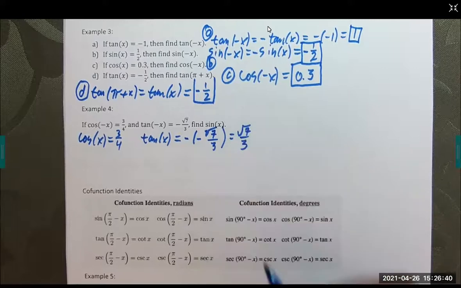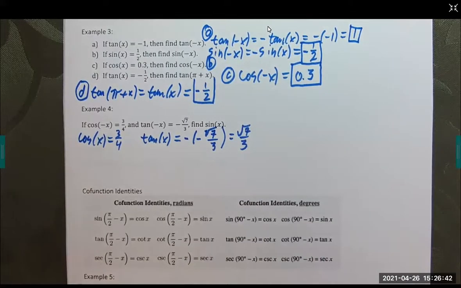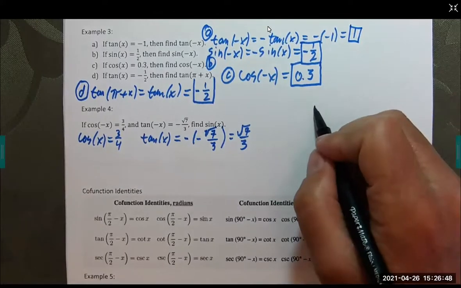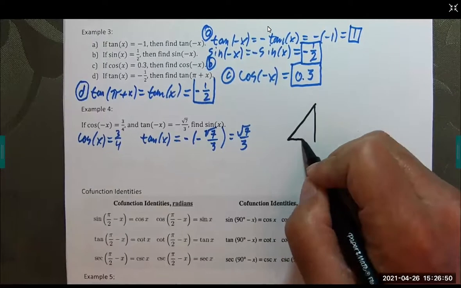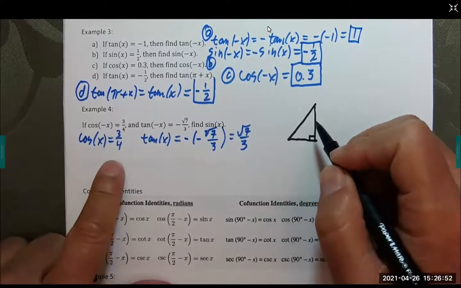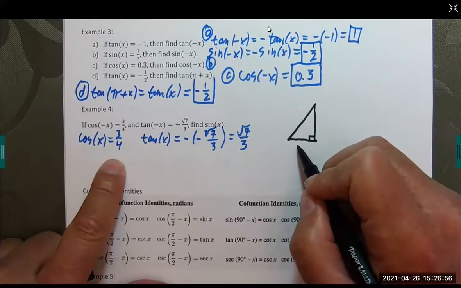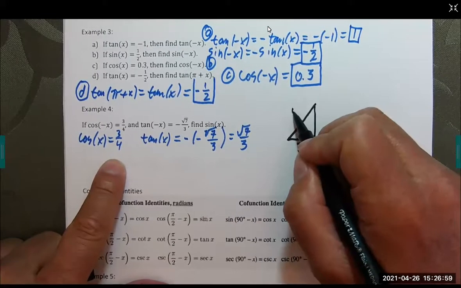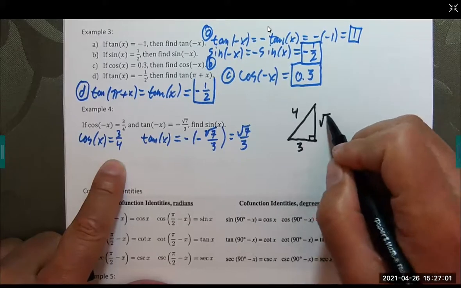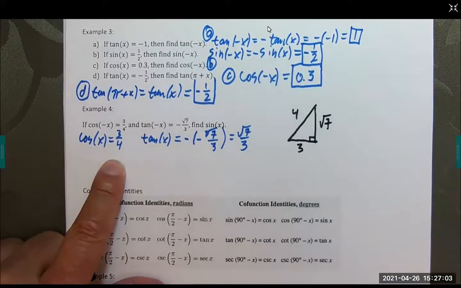And I'd like to point out that on this triangle, because cosine by definition is the adjacent over the hypotenuse, and if we use the Pythagorean theorem, we end up with this here.